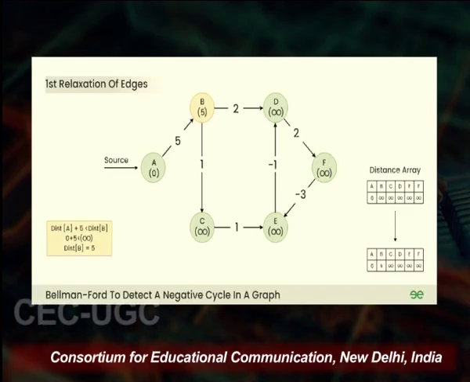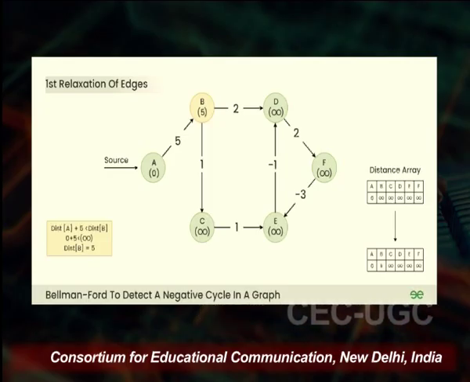So, presently the edge A to B is considered, and the distance array is updated only for the node B, and in this way we will take it for all other nodes.